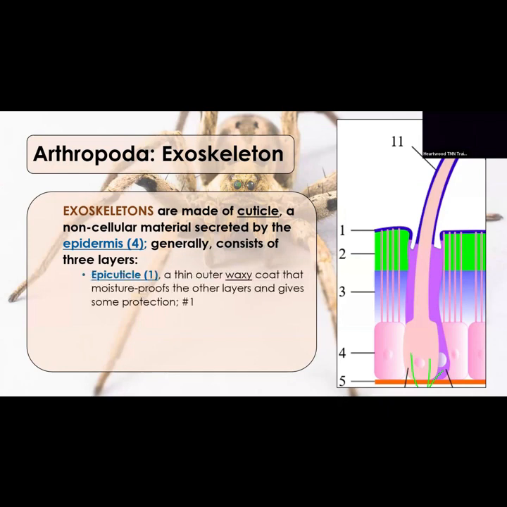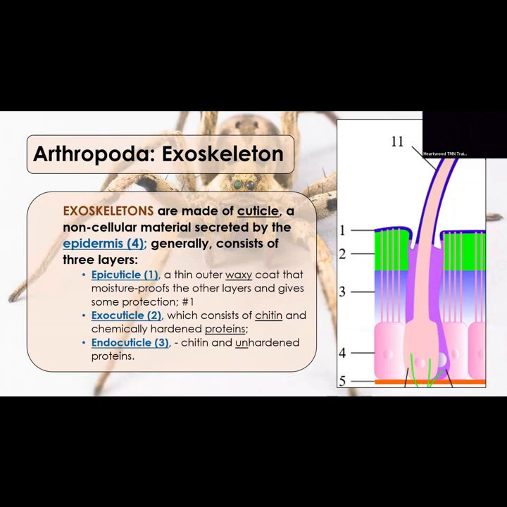The epicuticle is that thin blue line on the very outside. It has a thin outer waxy coat that moisture-proofs them. The exocuticle, that's the second layer here, is made of chitin and hardened proteins.